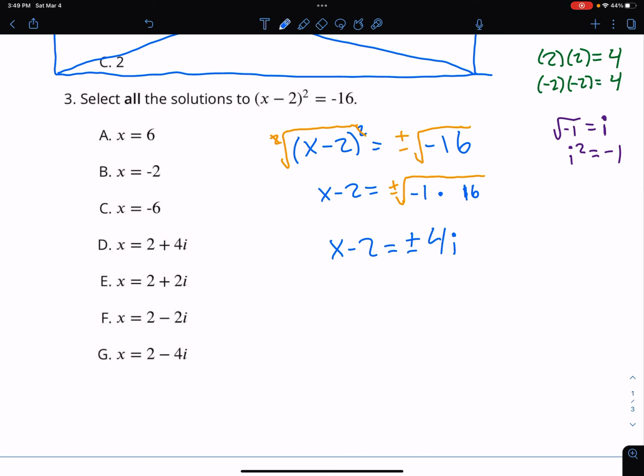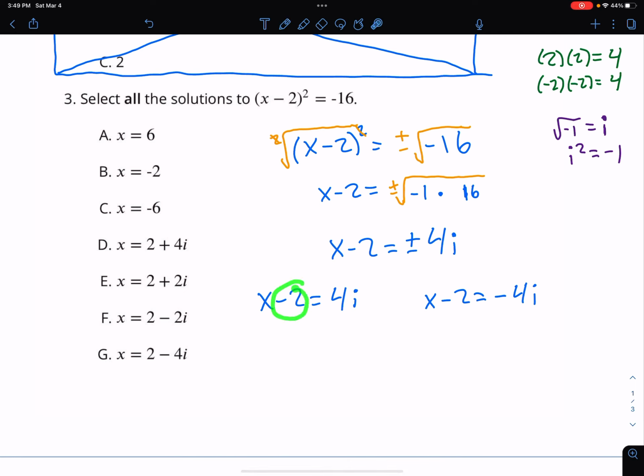All right, here's our choose your own ending situation. We're going to have two solutions here. We've got x minus 2 equals positive 4i, and x minus 2 equals negative 4i. And so now we're just going to do the thing that we've always done in the past, which is try to get x by itself, right? We need some inverse operation.